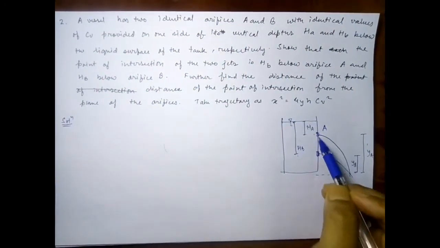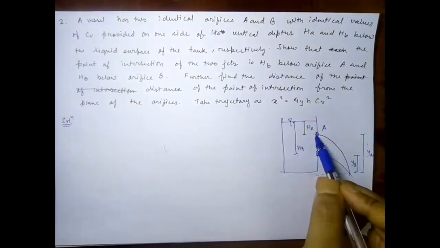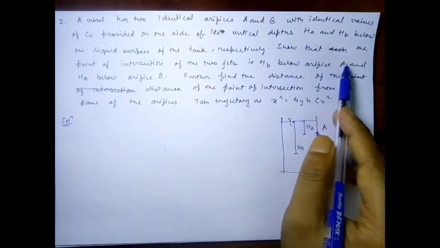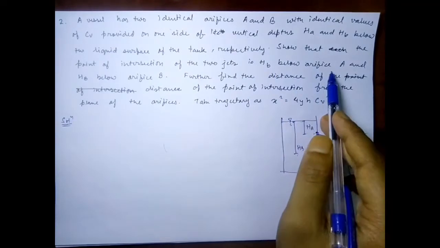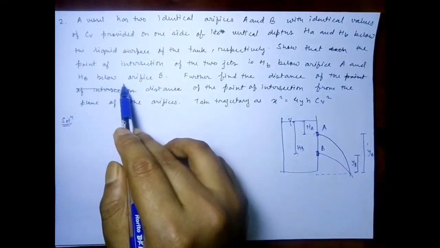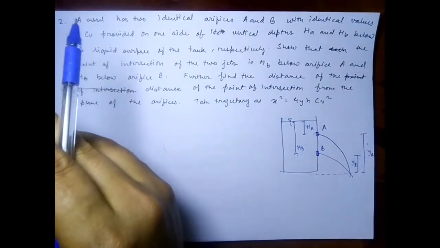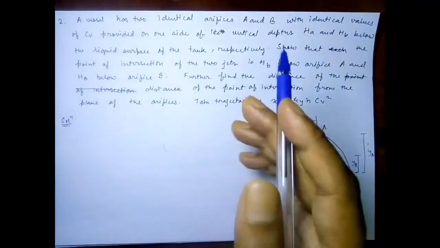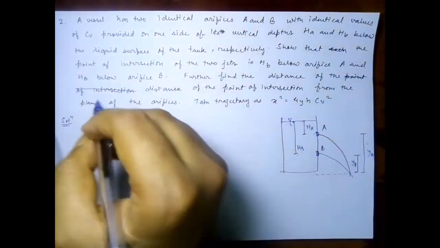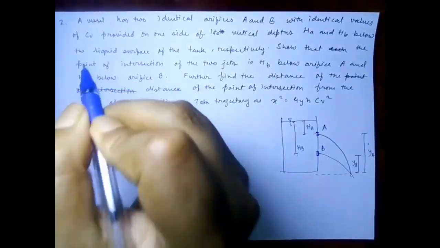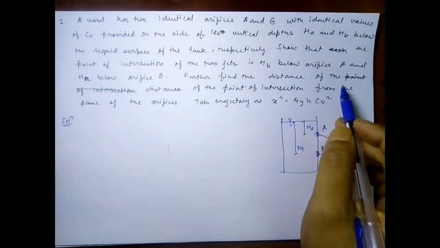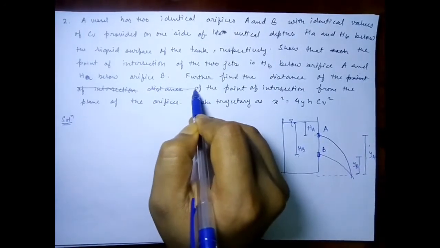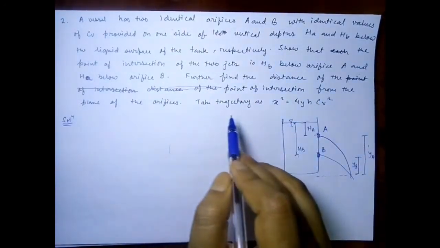So we are given two orifices in a vessel at different heights HA and HB, and we have to show that the point of intersection of the two jets is HB below the orifice A and HA below the orifice B. Further, find the distance of the point of intersection from the plane of the orifices.